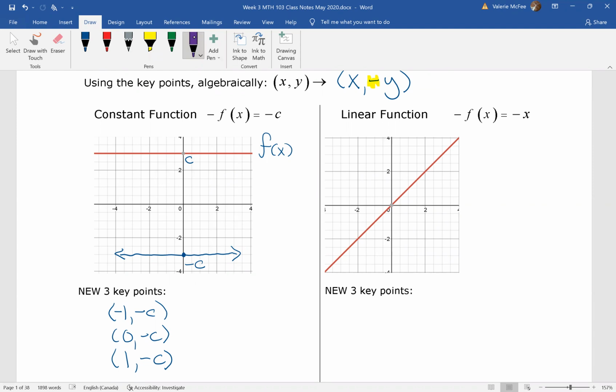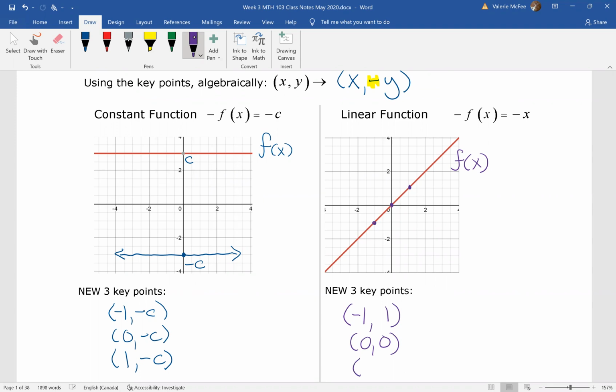In the linear function, I've drawn the graph here for the f of x. You know those 3 key points. What are the new key points going to be? Instead of -1, -1, it's the opposite of 1. 0, 0 stays the same.